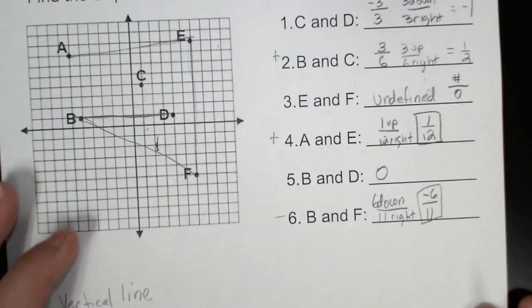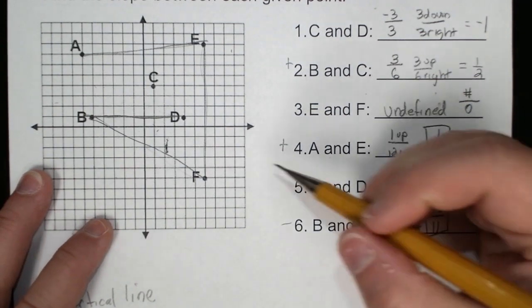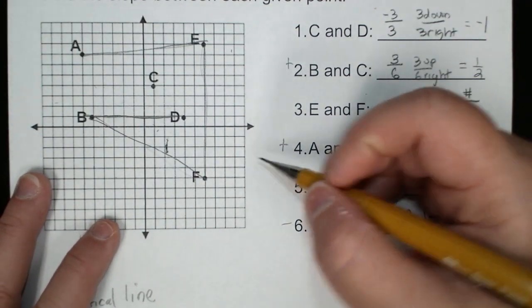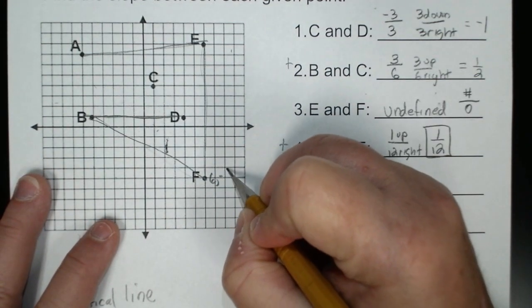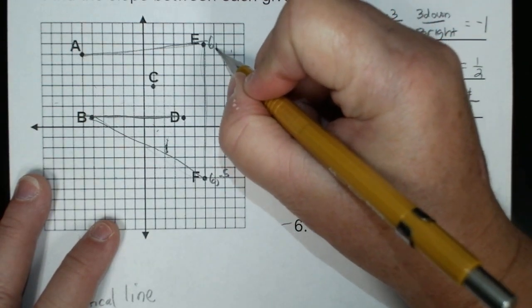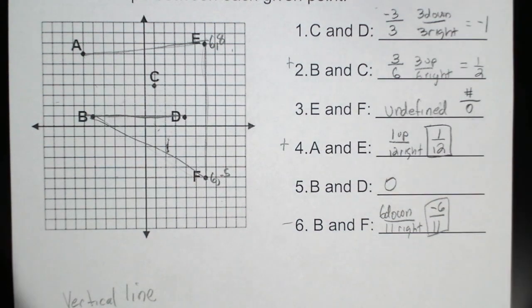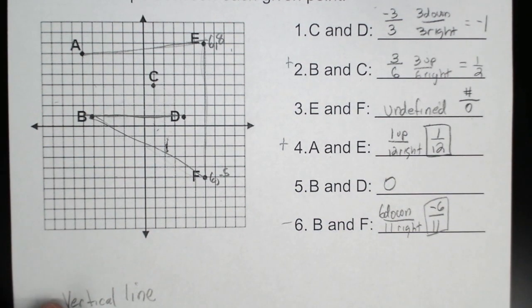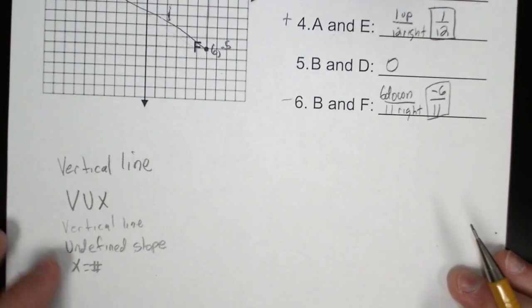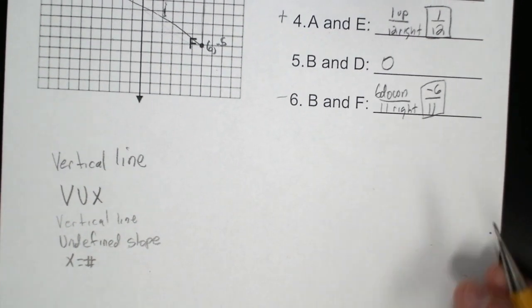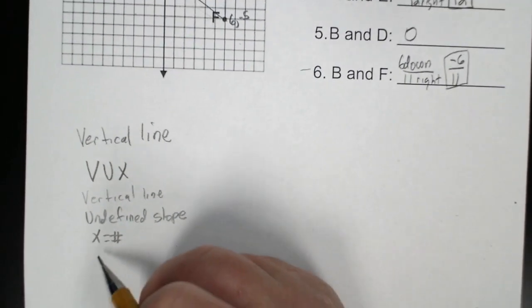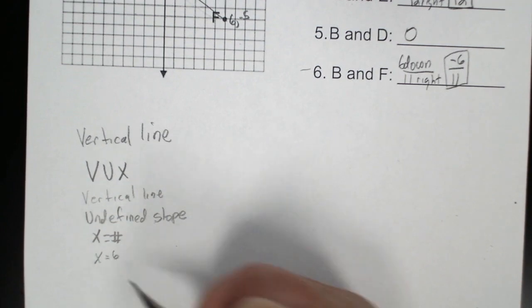If you're looking at this E to F, when I label my points, this is 6, -5, and this is 6, 8, and that means my X's are the same. That's what every vertical line does. So the equation to that line would actually be X equals 6.